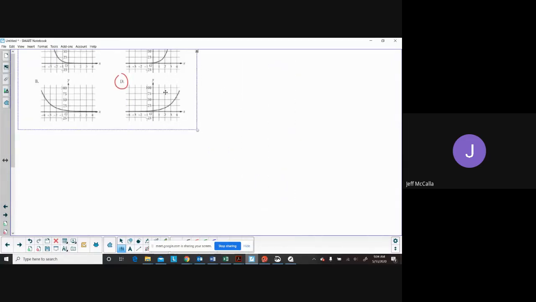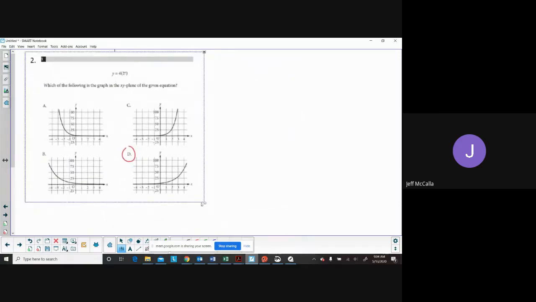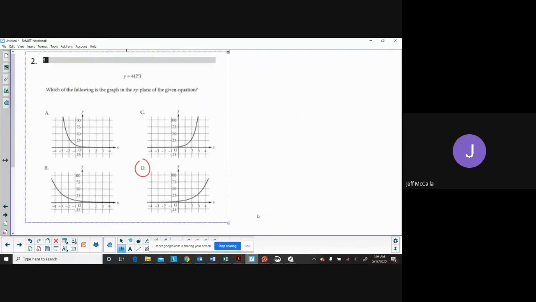you can eliminate a couple right away if you know a little bit about exponentials. The basic formula is y equals b times a to the x. Think of b as the y-intercept, and think of a as how much you're growing or decaying.